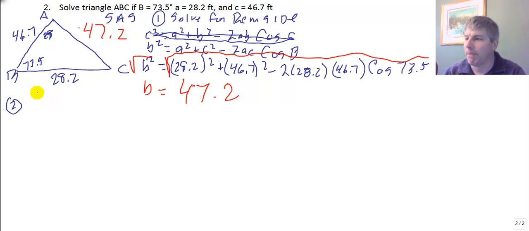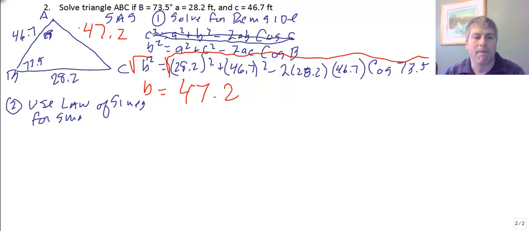So now the next thing we want to do is solve for the smaller angle. Okay, so we use the law of sines and solve for the small angle. Well, the smallest angle is going to be opposite the smallest side, so that is going to be the 28.2. So the smallest angle, sine of A over 28.2 equals sine of 73.5 all over 47.2.